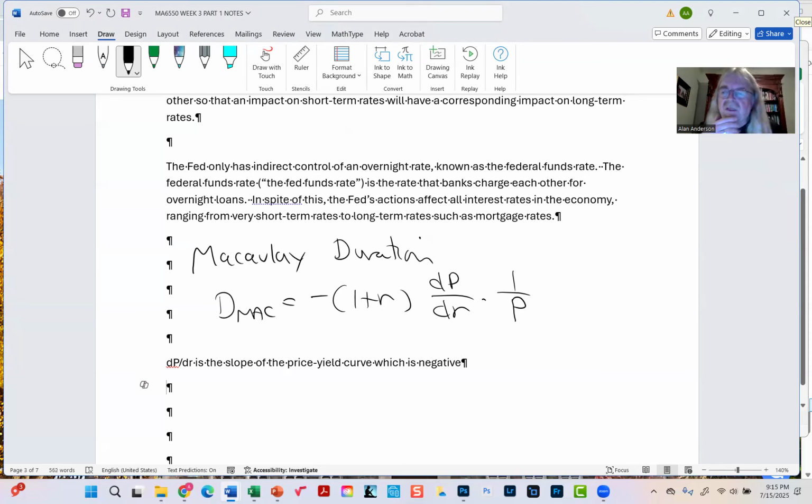So by putting a negative on the outside, the extra negative in this formula ensures that the result of this calculation will be positive.